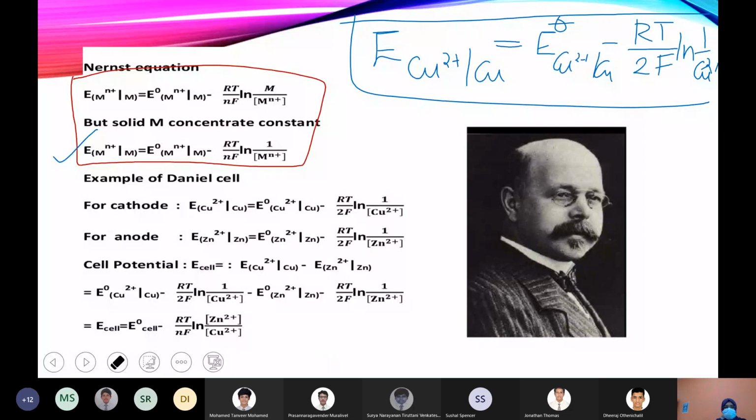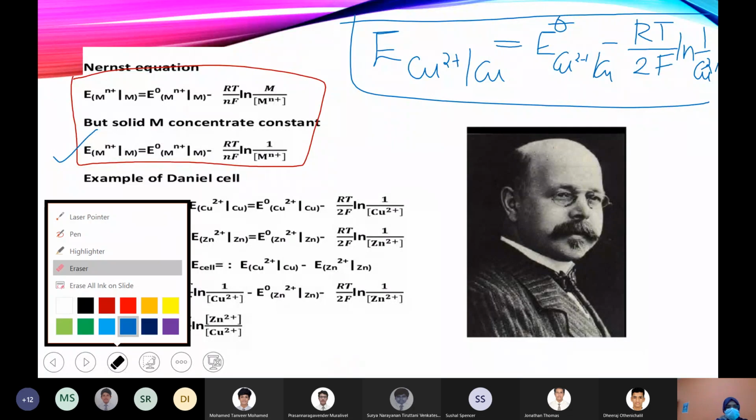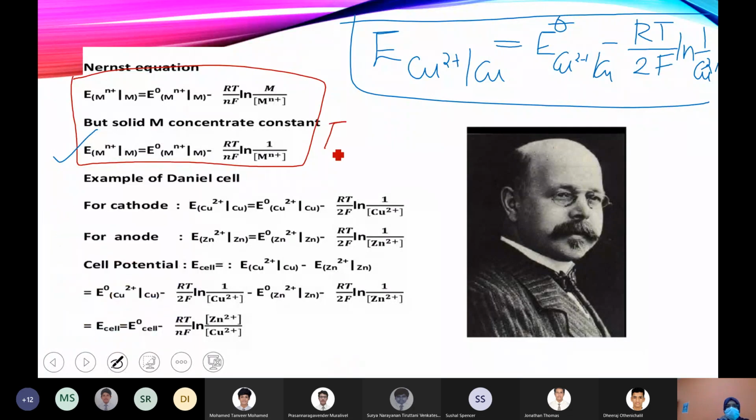For copper, I can write E will be equal to the standard value 0.34 minus RT by 2F log 1 by concentration of Cu2 plus ion. If you know all these values, you can calculate E, that is the electrode potential of copper under non-standard condition.